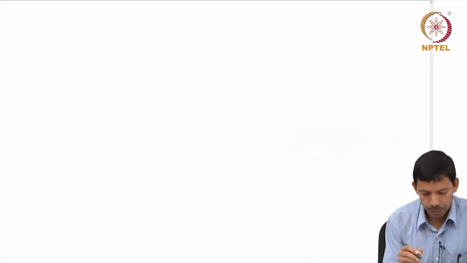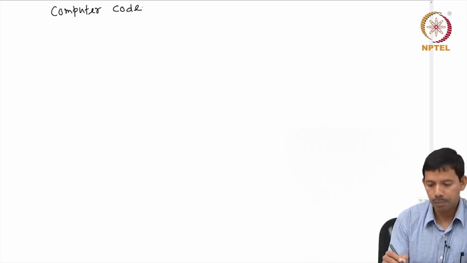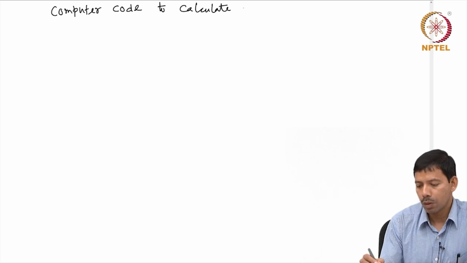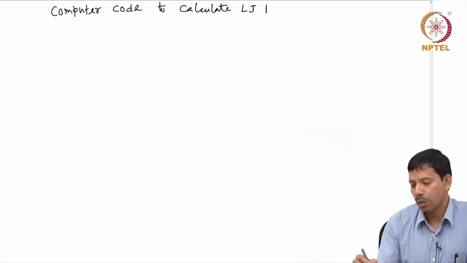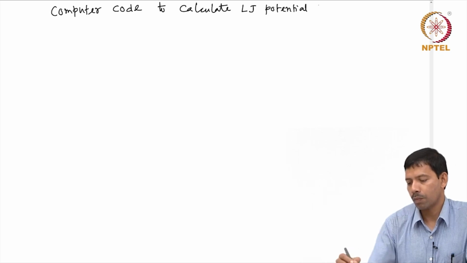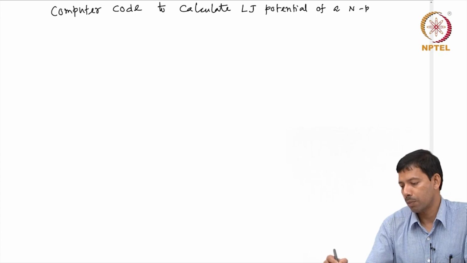So what I am basically trying to do now is writing a computer code to calculate the Lennard-Jones potential of an n particle system.